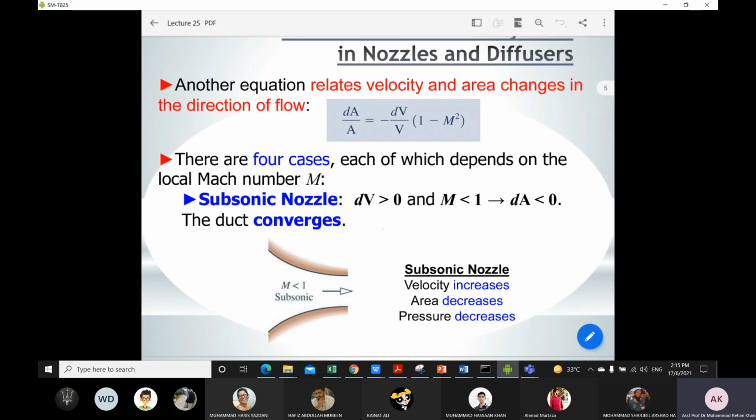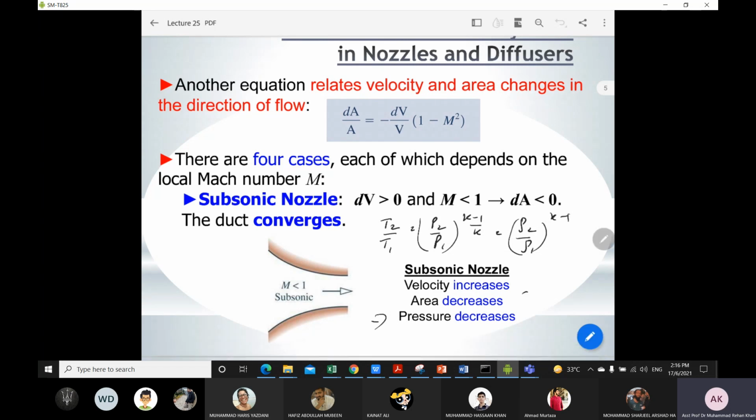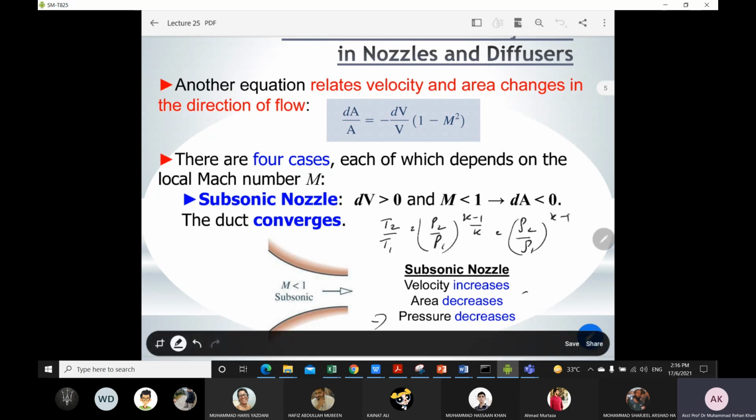As you already know, the isentropic relation: T2 by T1 is equal to (P2 by P1) raised to (K minus 1) over K, is equal to (rho 2 by rho 1) raised to (K minus 1). So from this relation, you can easily say that if your pressure decreases, density is also affected in the same way, and temperature is also affected in the same way. And if your velocity increases, your Mach number also increases at the outlet.